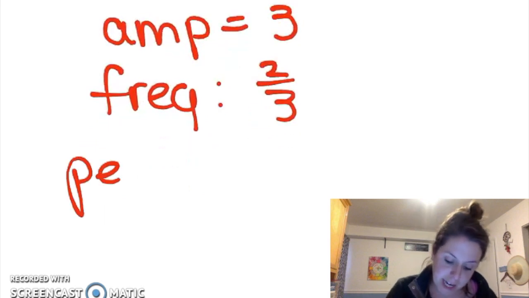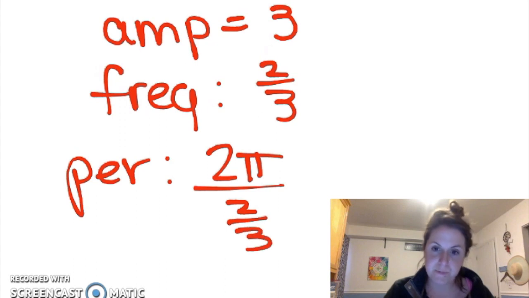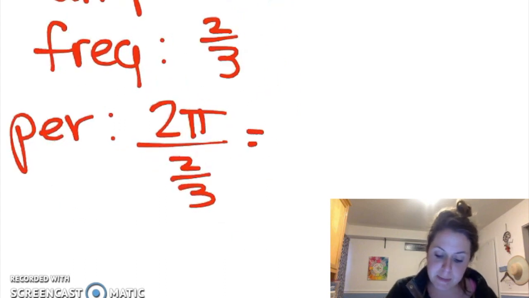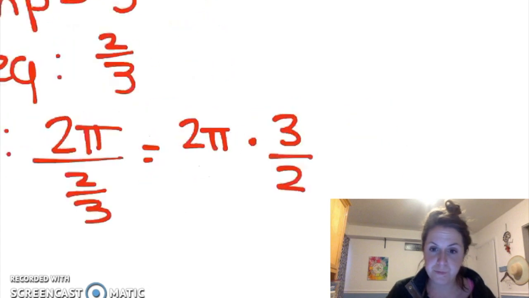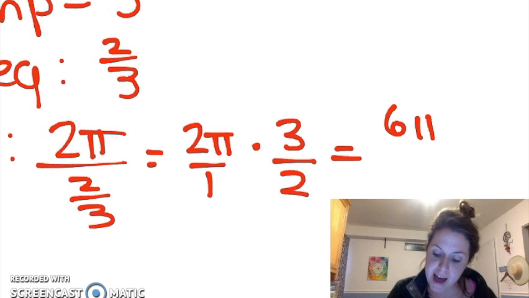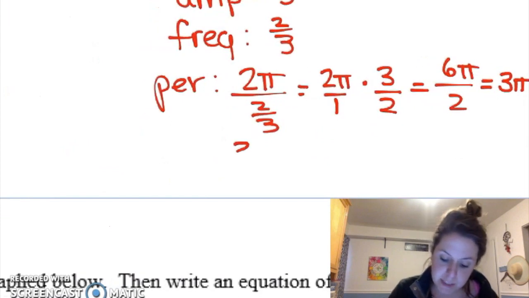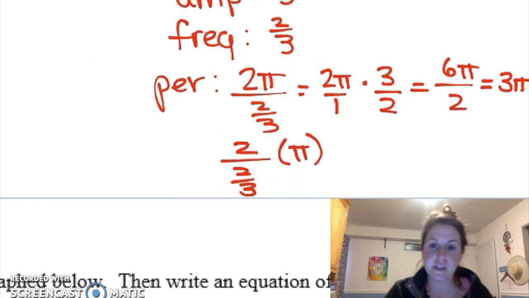And so the period would be 2 pi over 2/3. And what you need to be able to do there is say, okay, that's 2 pi times 3 over 2, which, remember that's just over 1, 6 pi over 2, which is 3 pi. Now if you wanted to do that on your calculator, what you would do is 2 over 2/3 and then just multiply that answer by pi.